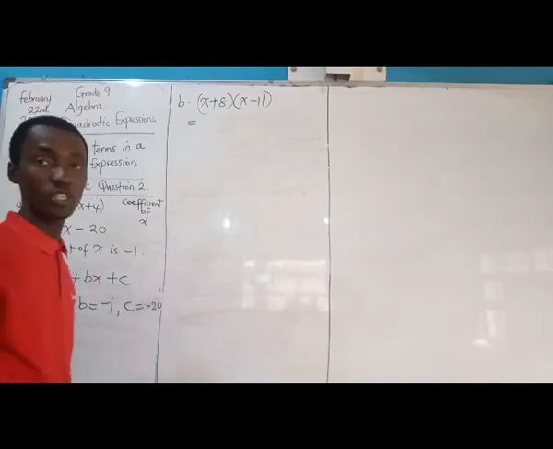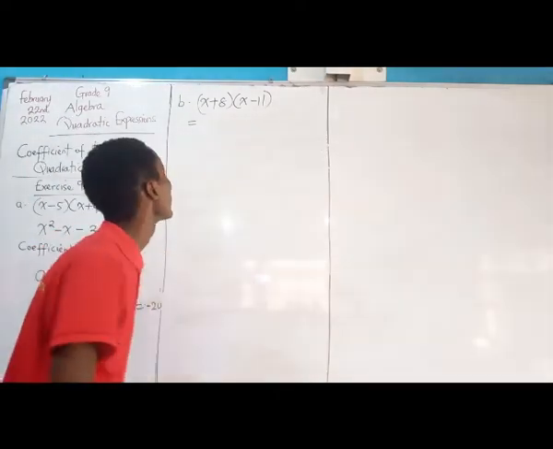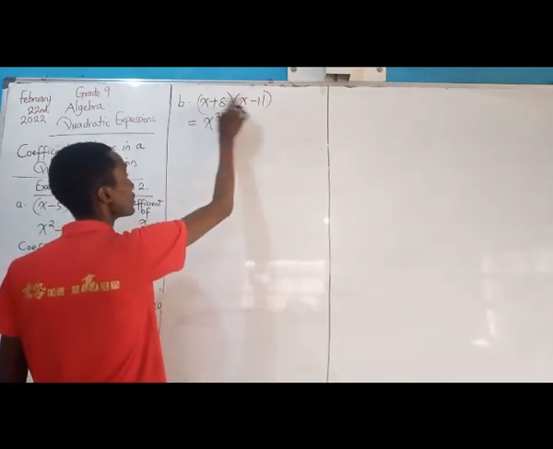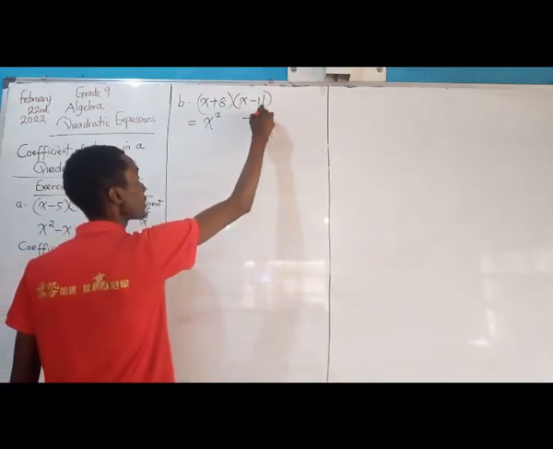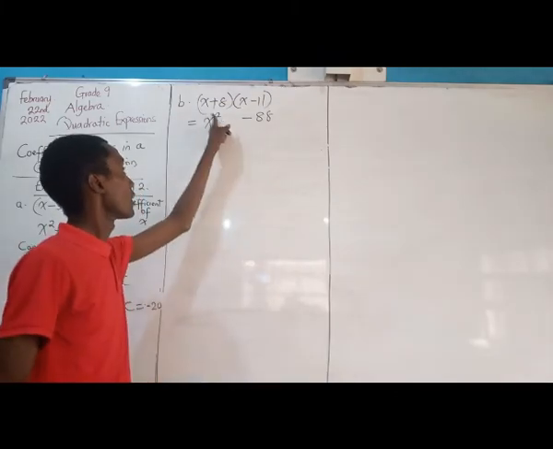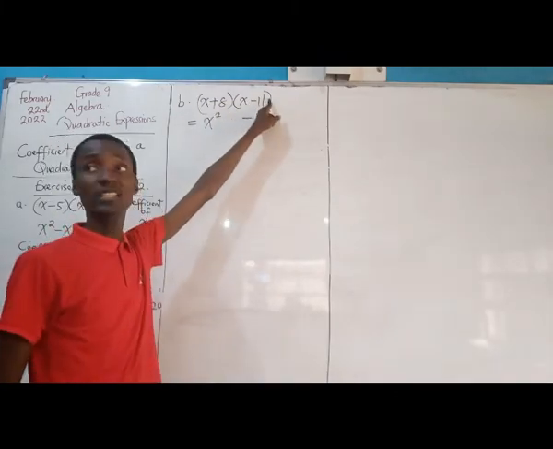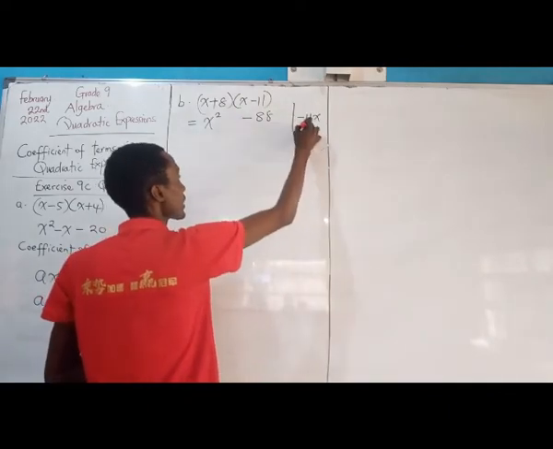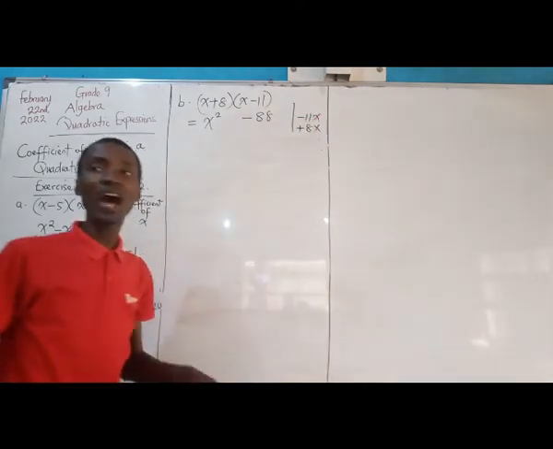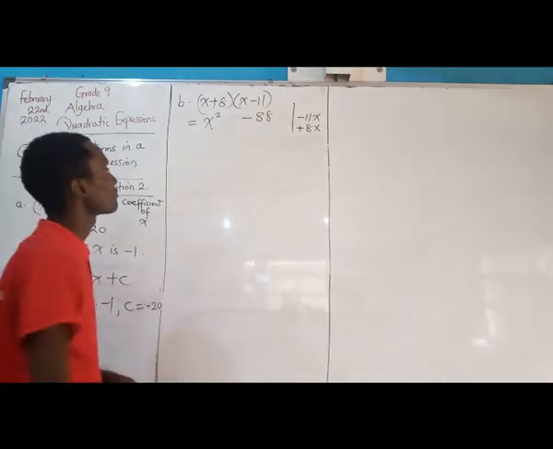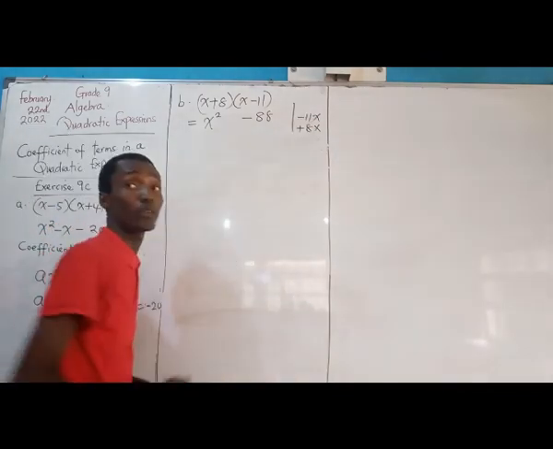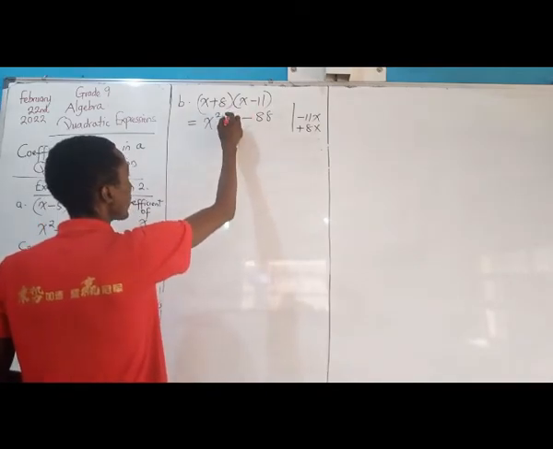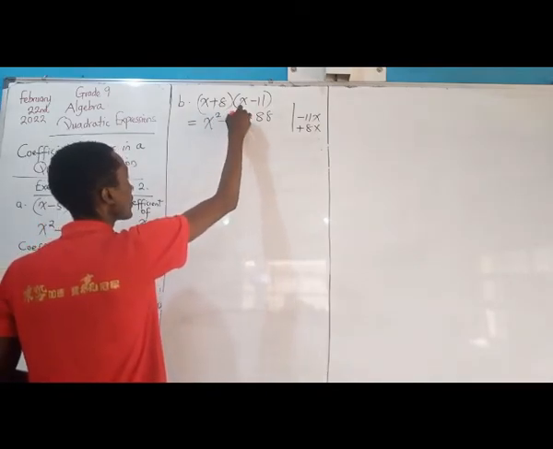No-show method featuring Starboy and Wakanda. We're going to obtain x squared minus 88, negative 11x plus 8x. I don't have, I have means I don't have, because what I don't have is greater than what I have. So that will be negative 3x.